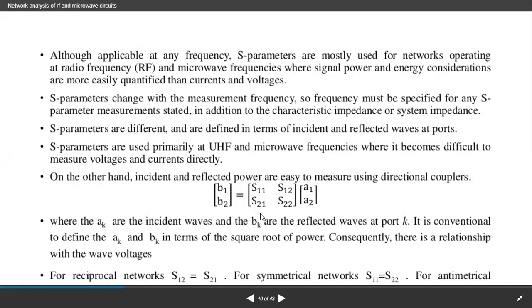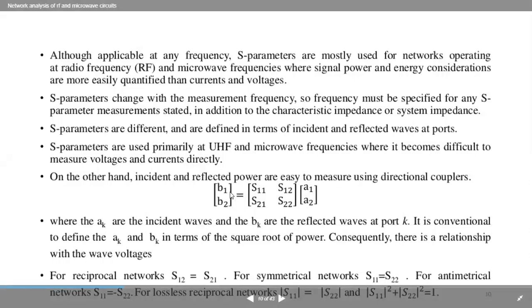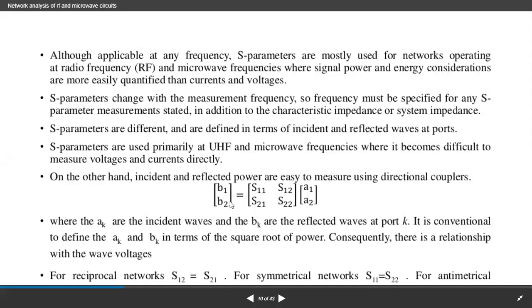So this is for a two-port network you are representing. The same general equation which you had written for an n-port network, here it is written for 2-port. B1, B2 are reflected, S11, S12, S21, S22 are scattering coefficients, and A1 and A2 are your incident waves.